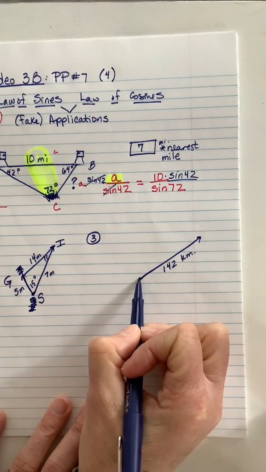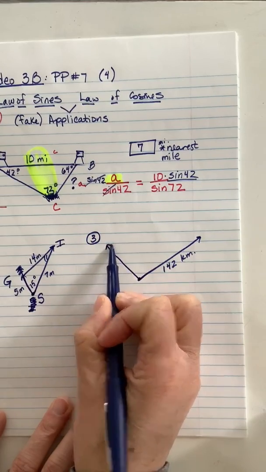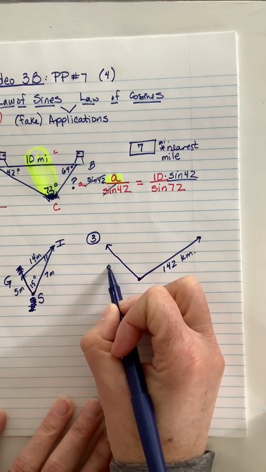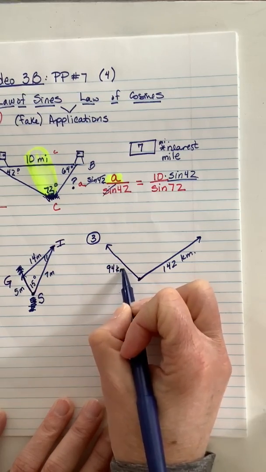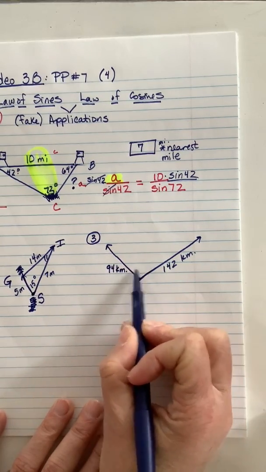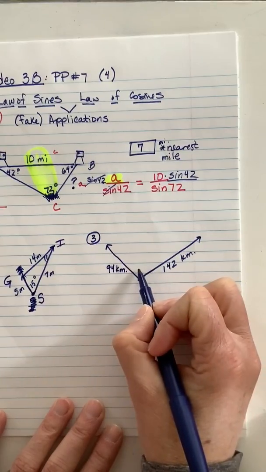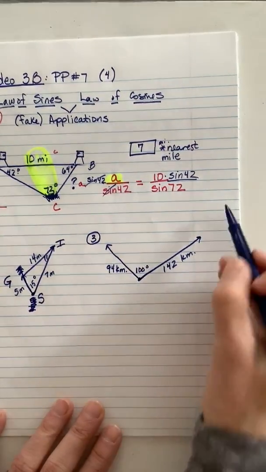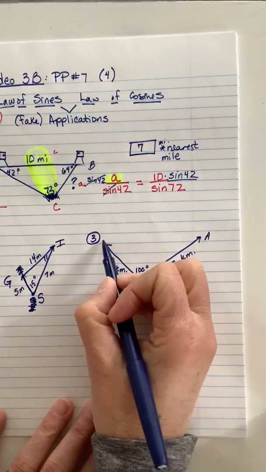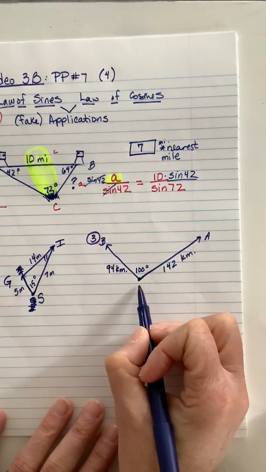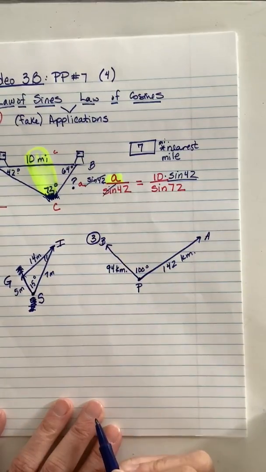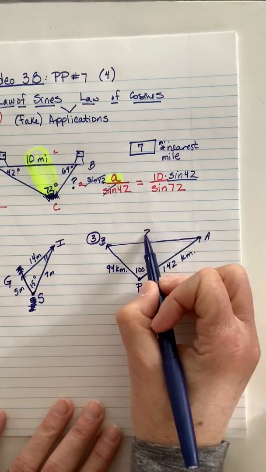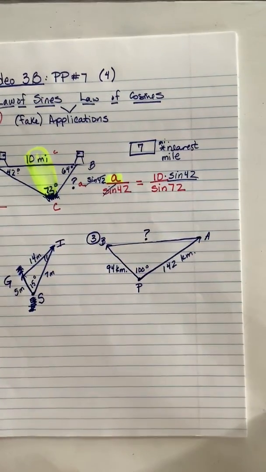Let's say that the other one travels a shorter distance, maybe 94 kilometers. And let's say that we know that they leave each other at a bearing of 100 degrees. So here we have ship A, here we have ship B. They started at port. The question is going to be, how far apart are they?